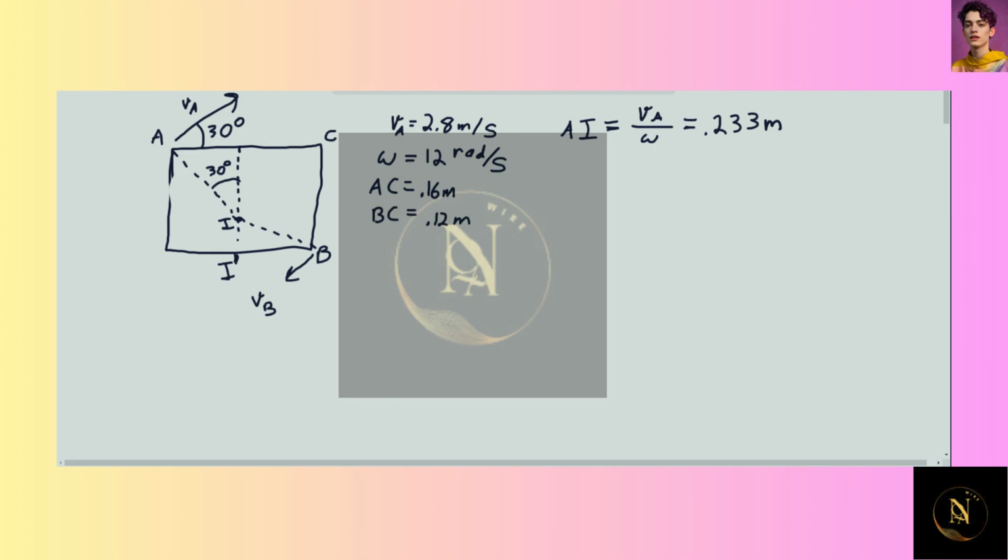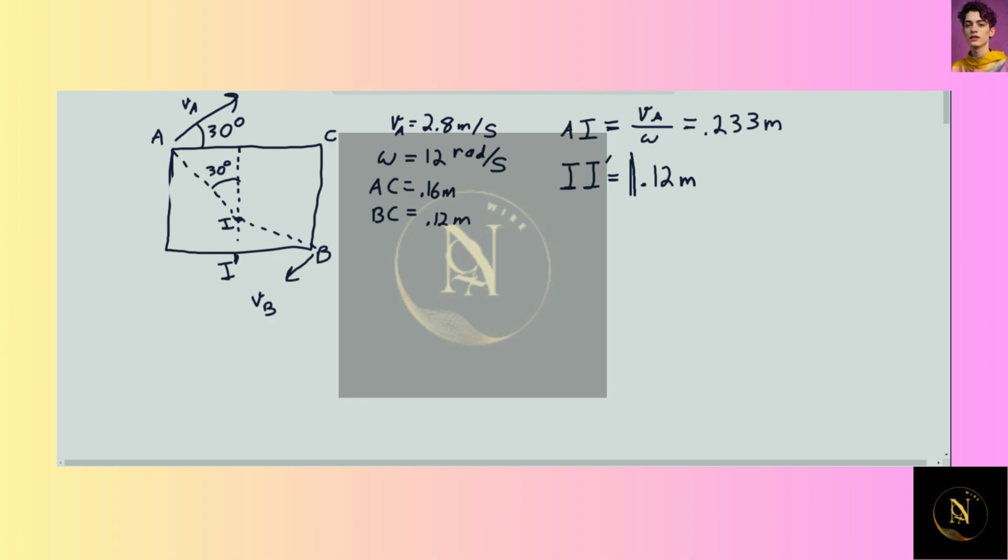We can then calculate the distance between the instantaneous center of rotation and the bottom plate of our rectangle. So that's the distance I prime, which would just be, we're going to take the absolute value here because we don't care about a negative number. It will just be the total height, which is 0.12 meters.